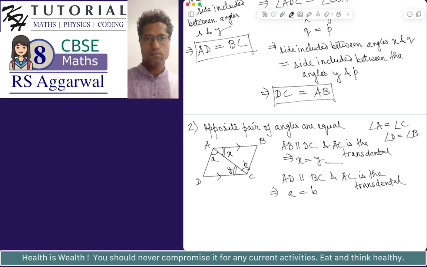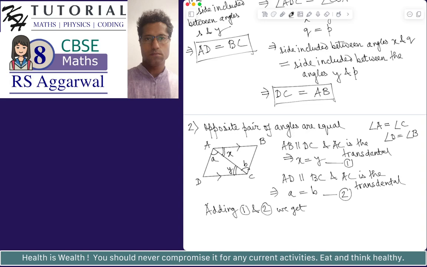Let's say this is result 1, that is angle X is equal to angle Y, and this is result 2, that is angle A is equal to angle B. So adding 1 and 2: when we add two equations, we get another equation where the LHS is the sum of the LHS of all the equations, and the RHS is the sum of the RHS of all the equations.